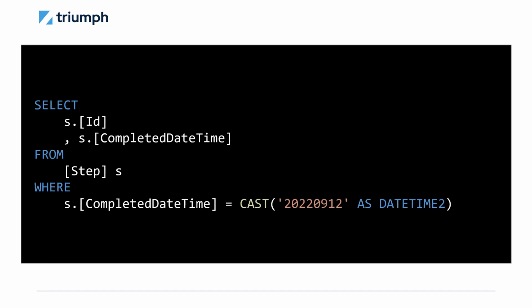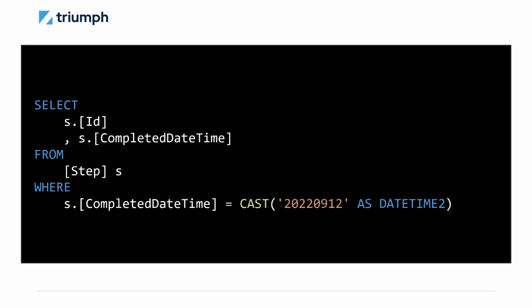Try to avoid using functions in the where clause because it could be costly for the optimizer. The optimizer will not utilize the index or the bucket if there are any functions on that particular column. So in this case, this would be the correct way to do it, what you see on the slide. The s.completed date time is in our select, and so we don't want to use a function on that.